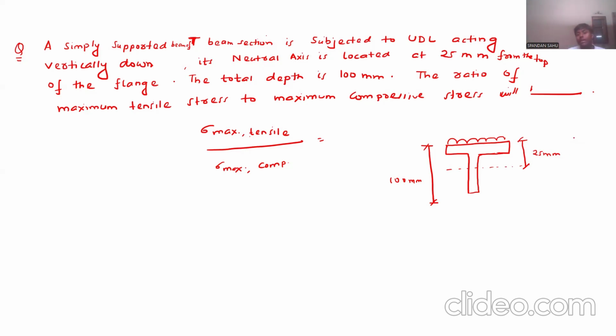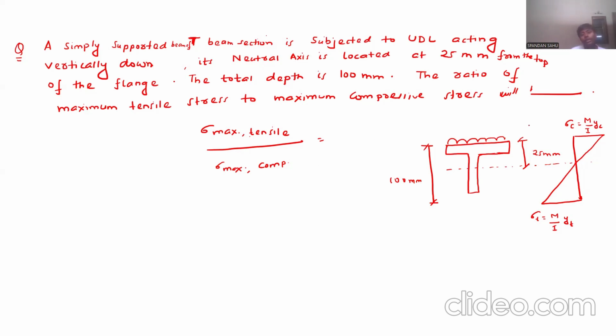Now, we know our stress diagram will be linearly varying from positive side to negative side, means positive is tensile and negative is compressive or vice versa. And sigma compressive maximum will be given by M by I into YC, and sigma tensile will be given as M by I into YT. This YT and YC are respectively measured from the neutral axis.